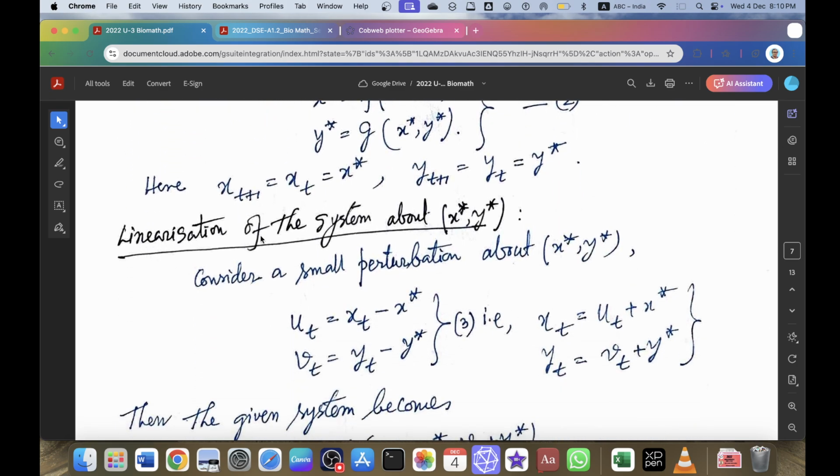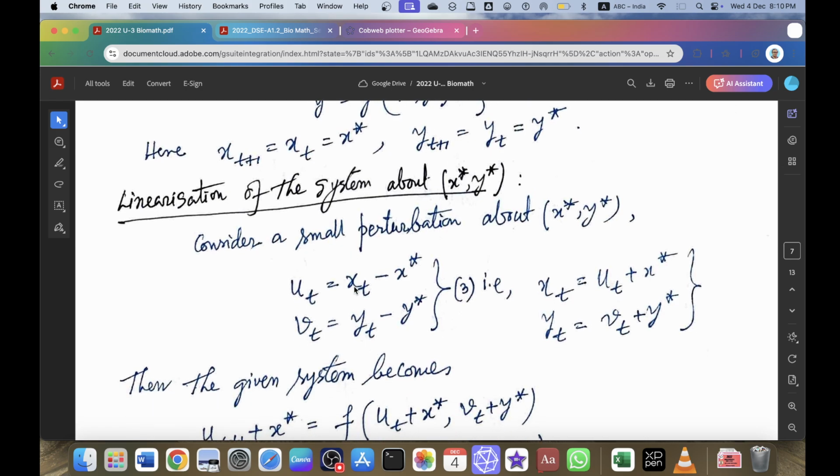Now the linearization of the system 1 about the critical point (x star, y star). Consider a small perturbation about the point (x star, y star) by un equal to xn minus x star, vn equal to yn minus y star.